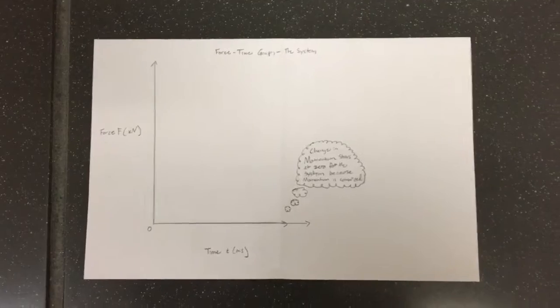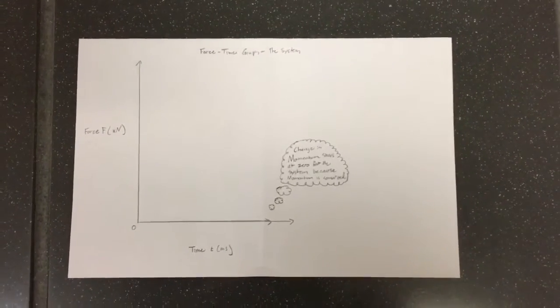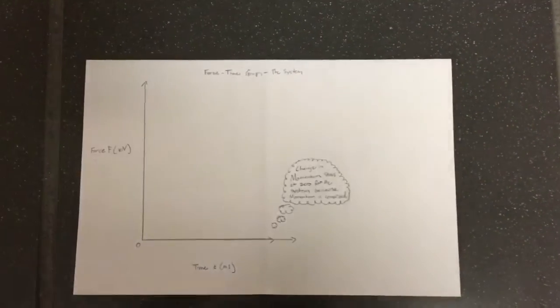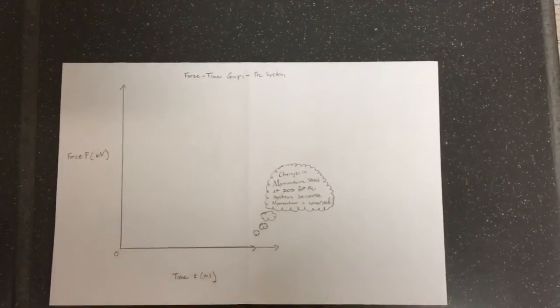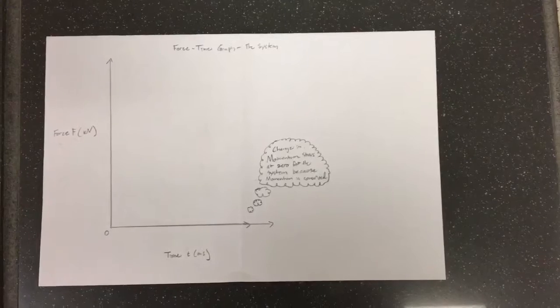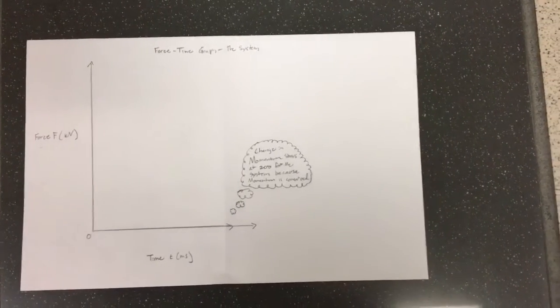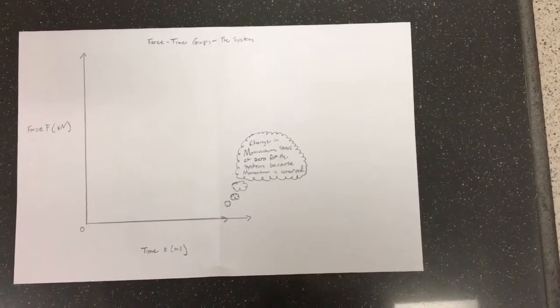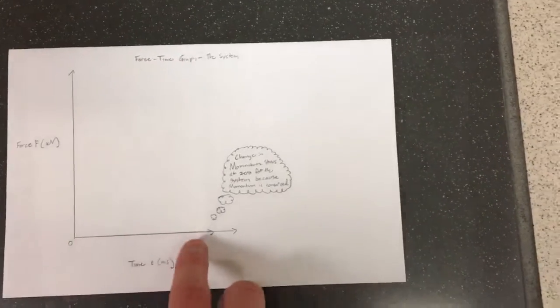For the force time graph of the system, there will be no impulse because momentum is conserved. So, since momentum will stay the same and not change, it will be zero and no slope.